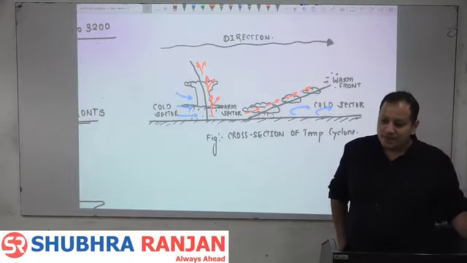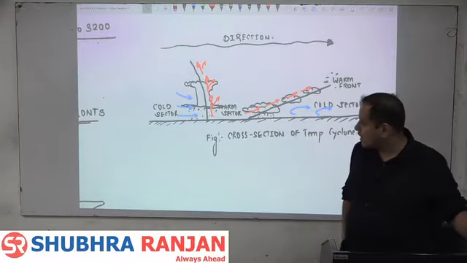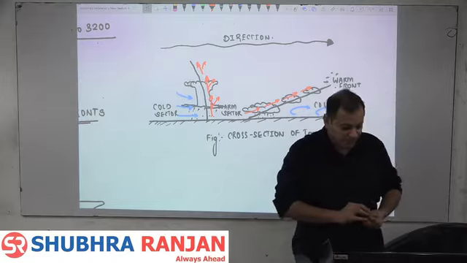Right? So the next subheading, we are writing it in the form of subheadings: path of temperate cyclones, and that is where you can make the diagram. You can show this path of a temperate cyclone.